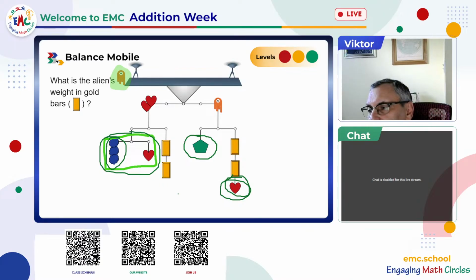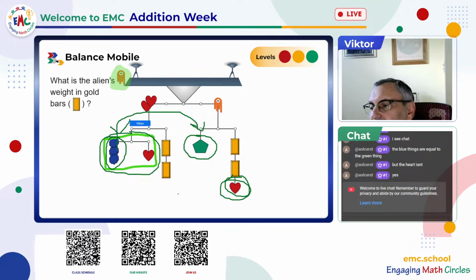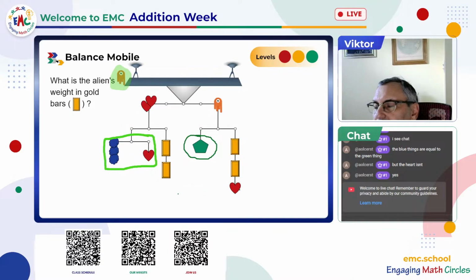They think that this is equal to this one. And then we have a heart here, but this is an extra heart versus this one, right? I think I got the chat working. So let's clean this and start over again. Any suggestions?